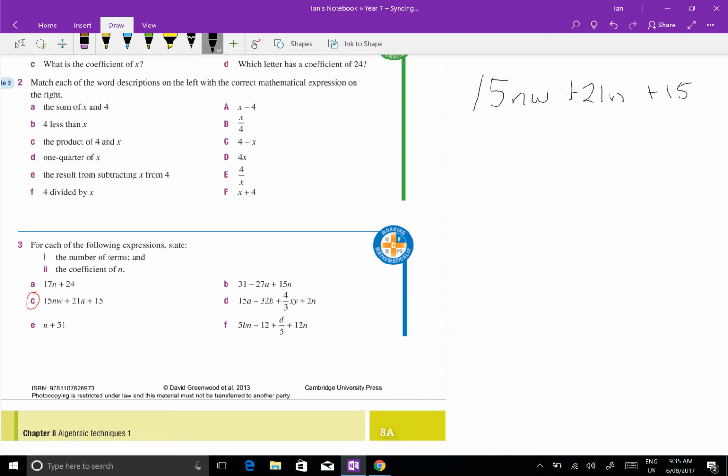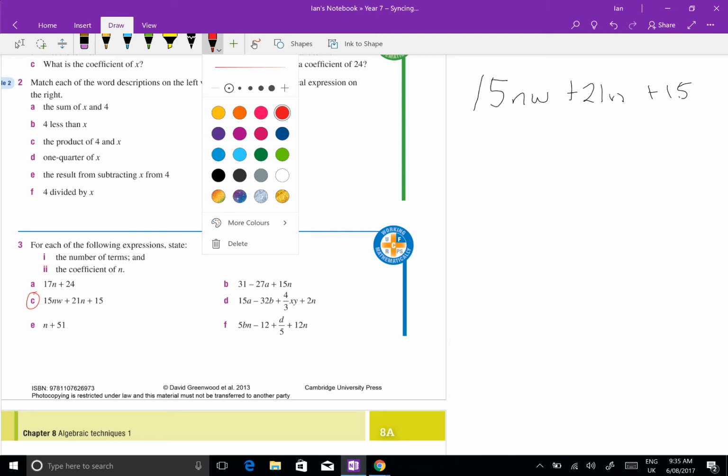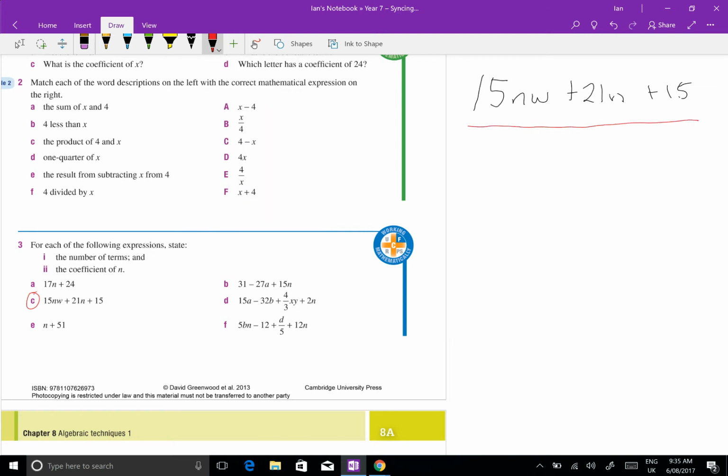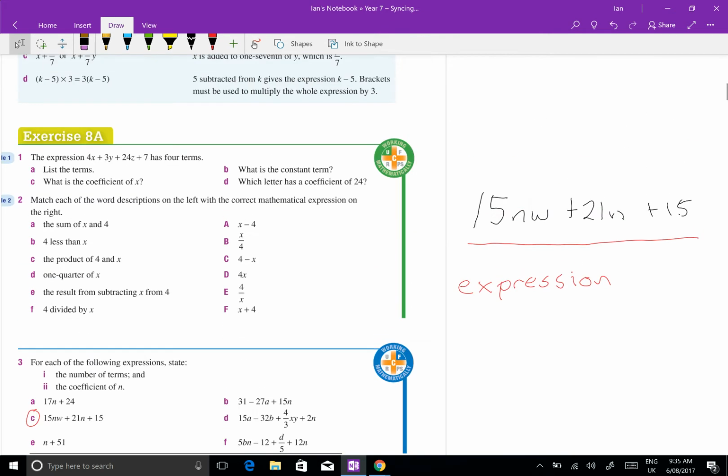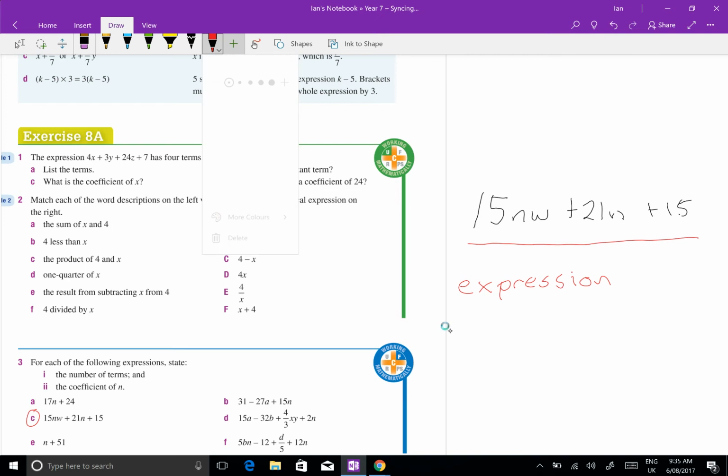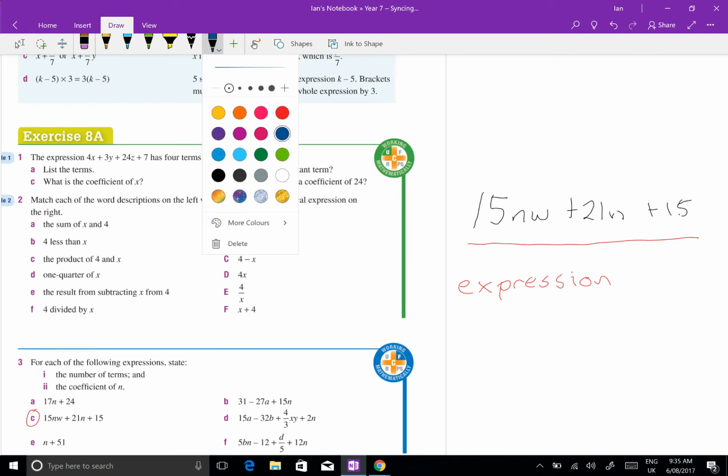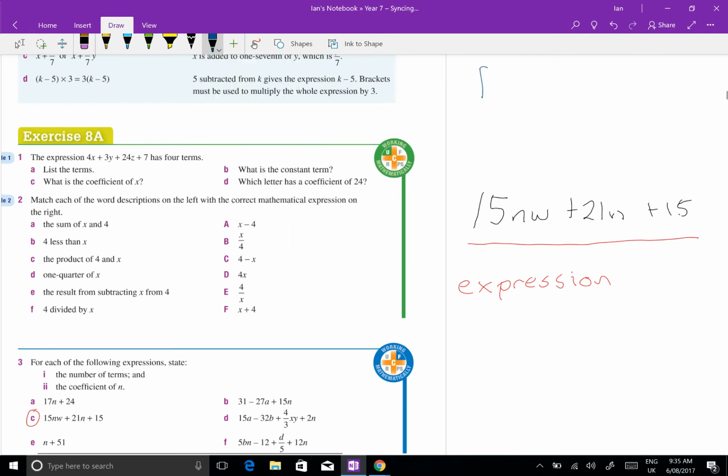Now the whole thing there is called an expression. It's a number sentence, but it has pronumerals. Now, our pronumerals are things that stand for numerals, and we usually use letters.